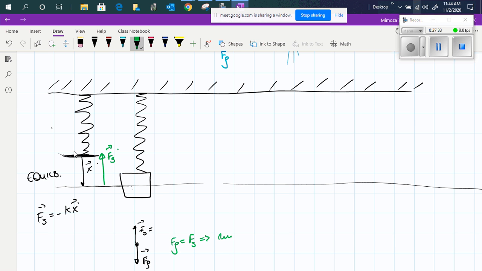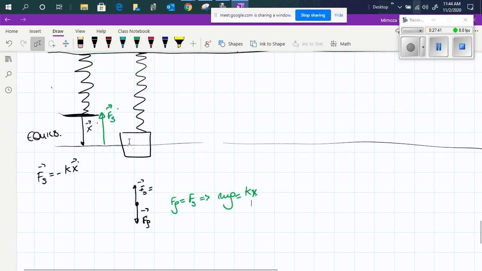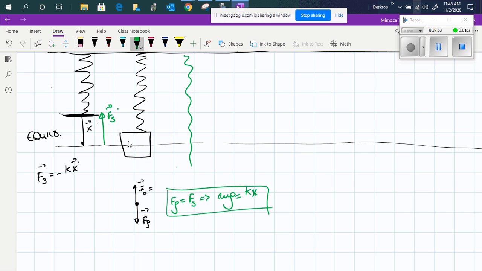which means that mg is equal to kx in magnitude. But then what we do here is give the spring a certain extension. After it reaches the equilibrium of the mass, we give the spring a certain extension. This is known as the amplitude, or maximum stretching of the spring.